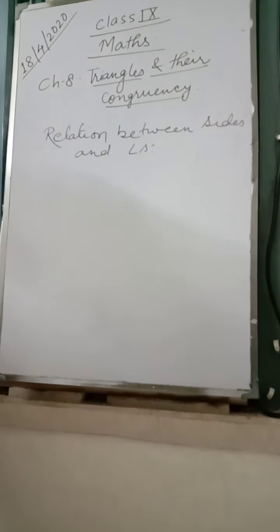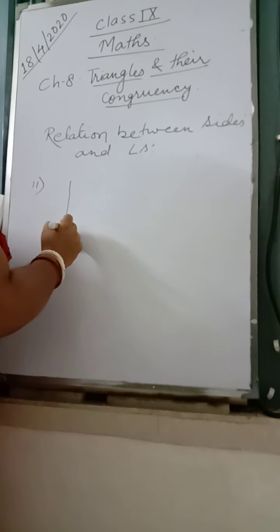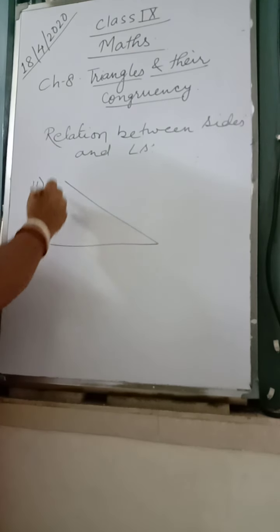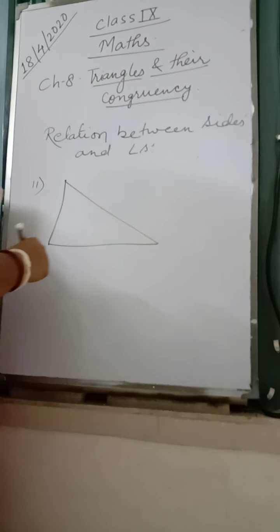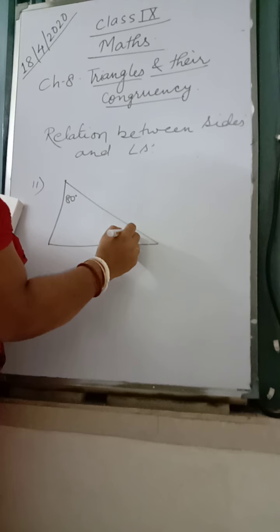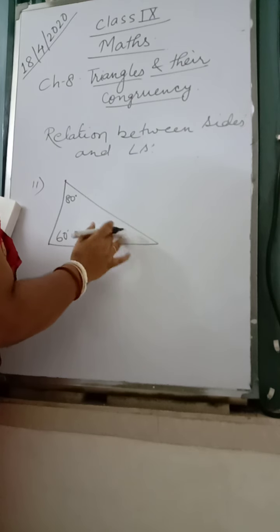The second relation is vice versa, that is, the greatest angle has the greatest side opposite to it. This is 80 degree, this is 60 degree and this is 40 degree.